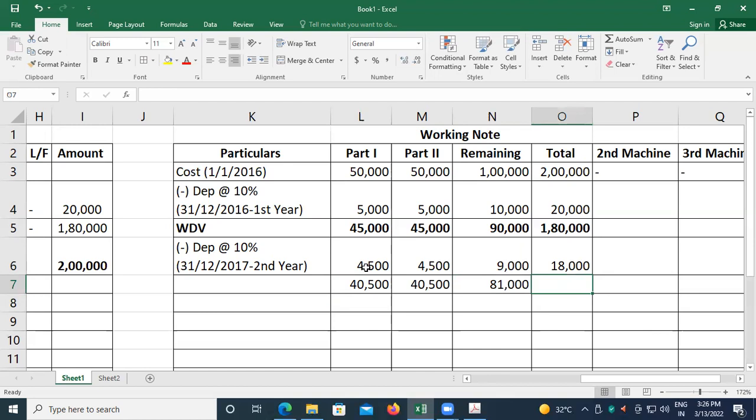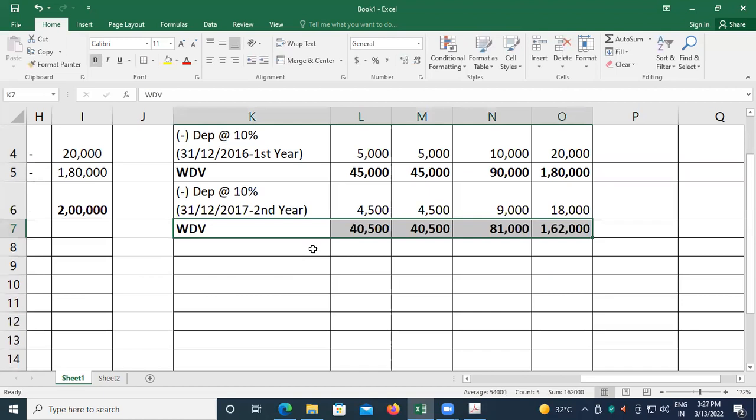And 1,80,000 minus 18,000, it will come to 1,62,000 rupees. Perfect. So now this is called written down value. This is my written down value of the asset for which year? Second year. Now let us go and pass the journal entries based on this. So I will bold it. This is my second year written down value of the asset.